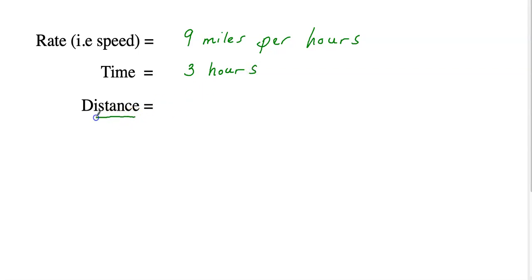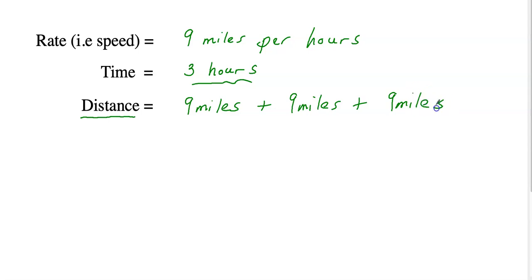How could I figure out the distance traveled? How could I figure that out? Well, I spent 3 hours on my bike, so in 1 hour I cover 9 miles of distance. But I do this 3 times because there's 3 hours, so it's 9 miles plus 9 miles plus 9 miles, right?